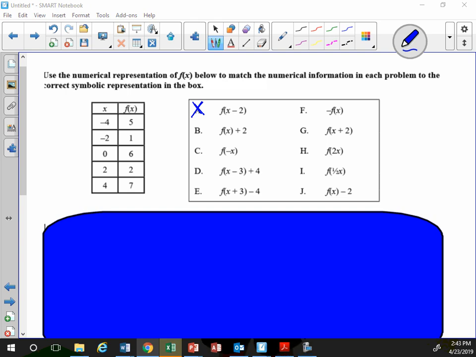The plus 3. Really all that means is literally every x changes. Negative 1, negative 2.